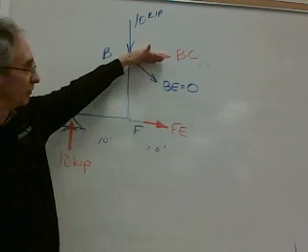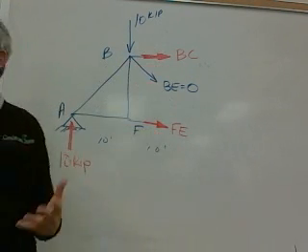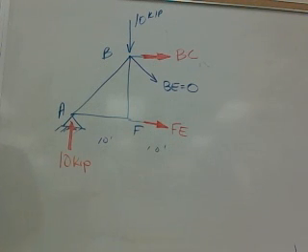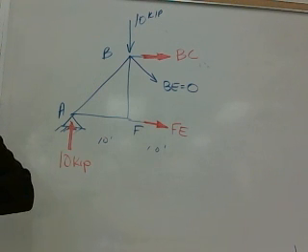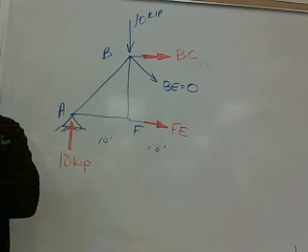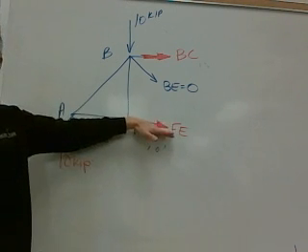We definitely don't want to use the y equation for BC or FE because they don't have any vertical components, so they don't show up there. Let's say we're interested in FE. What would be a nice equation to use to solve for this bottom chord member?